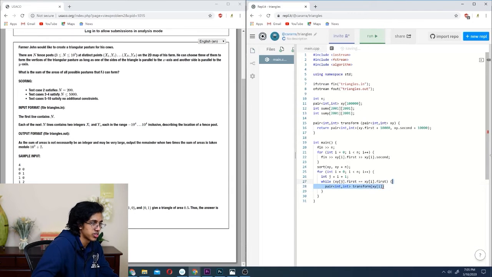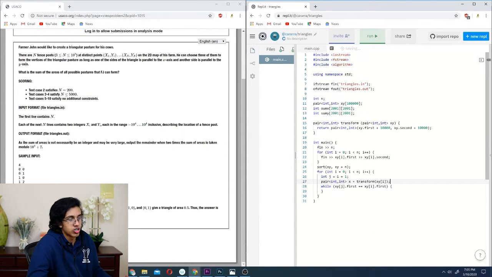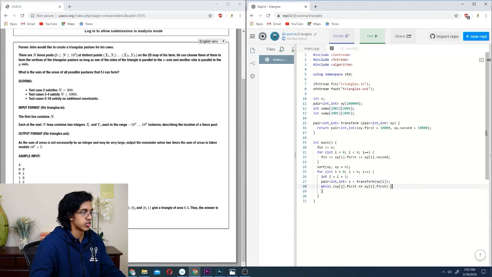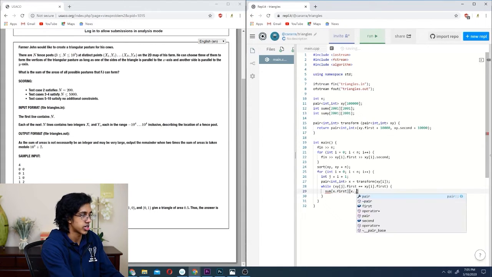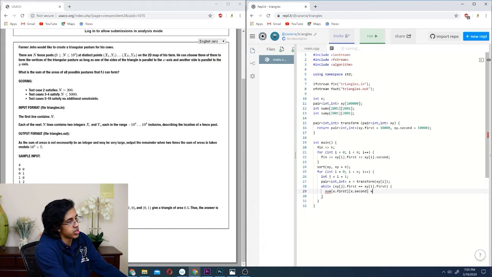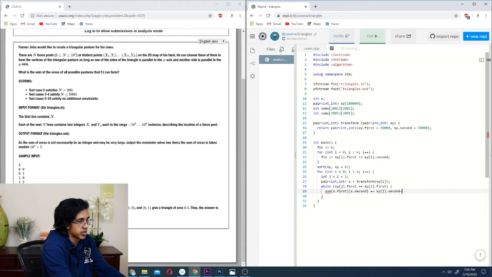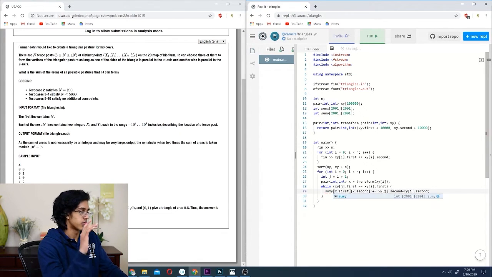Let's just do that at the beginning. So basically you want to store where it transforms to in our array so that we can store our sum somewhere. So sum x at that point's first and second, plus equals xy j dot second minus xy i dot second. Okay, and this is vertical, so it's the same x coordinate, it should be sum y. Okay.